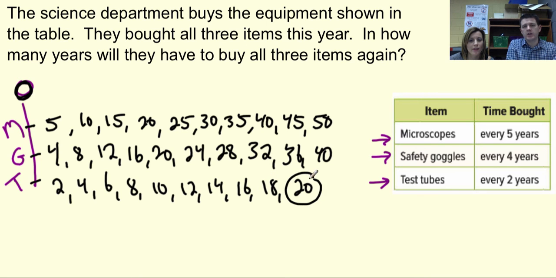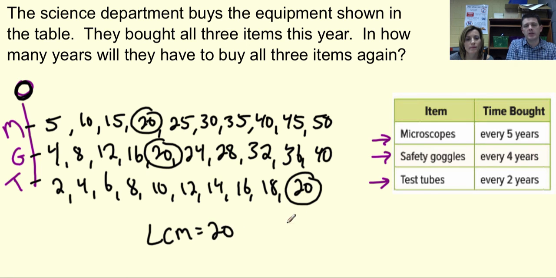And hopefully you notice that 20 goes with 5, goes with 4, and goes with 2. So our least common multiple is going to be 20, which means in 20 years they will be buying microscopes again, and safety goggles, and test tubes.